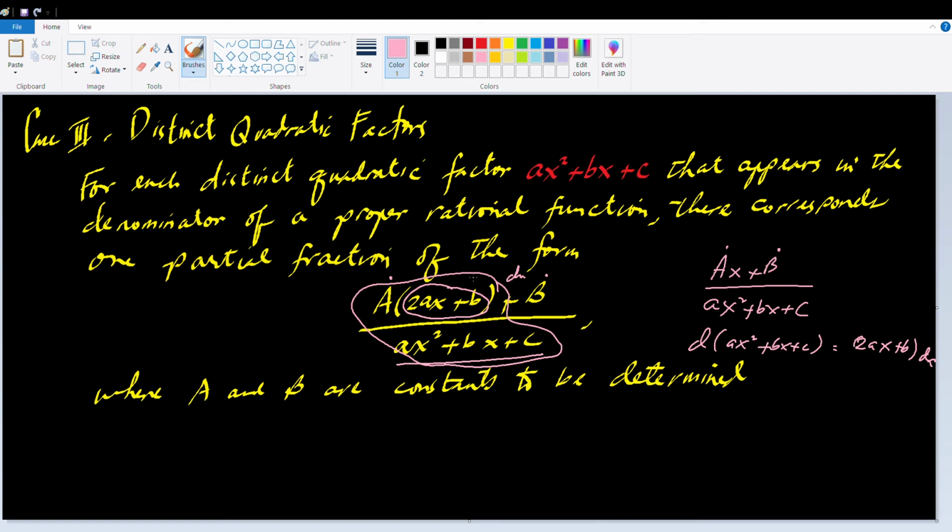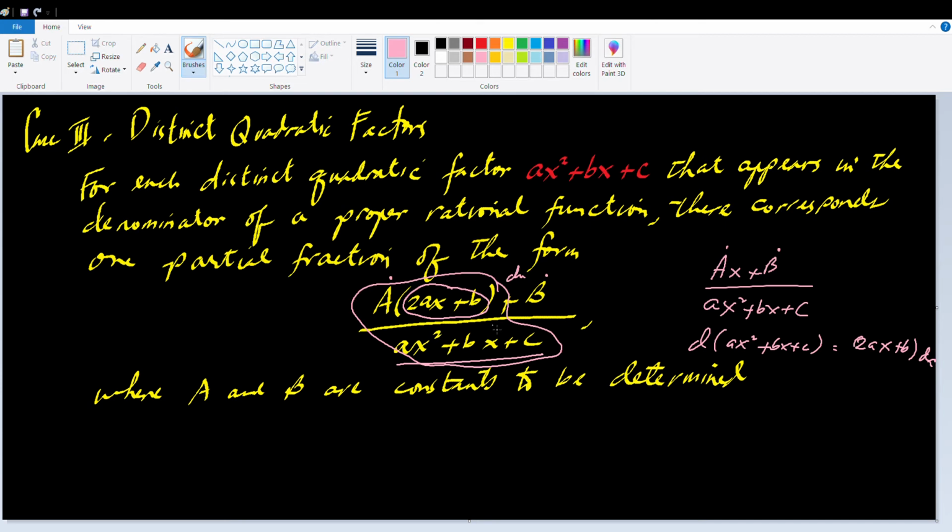Another thing that you should have noticed in the partial fraction corresponding to this quadratic factor is that there are two constants to be determined for one partial fraction. And that is logical. Why? Because the degree of the denominator is 2.